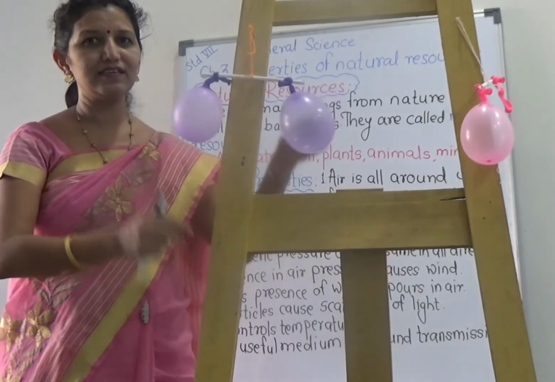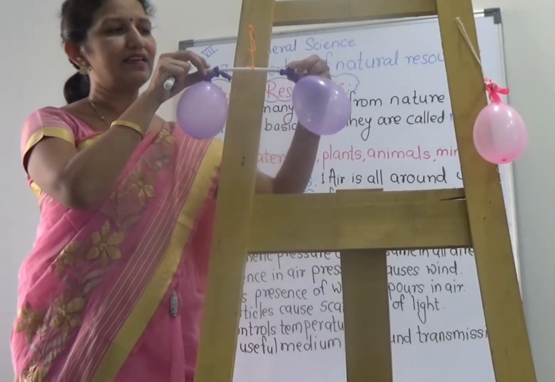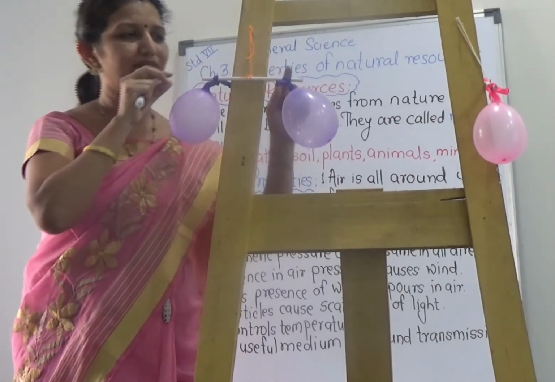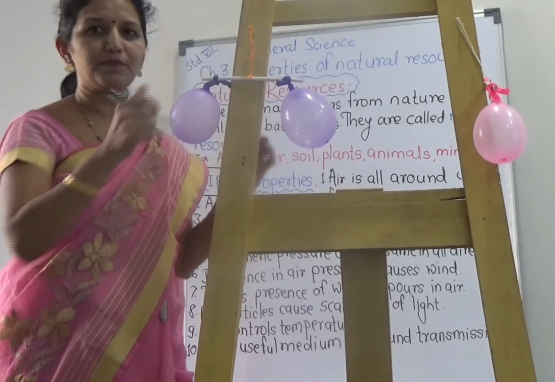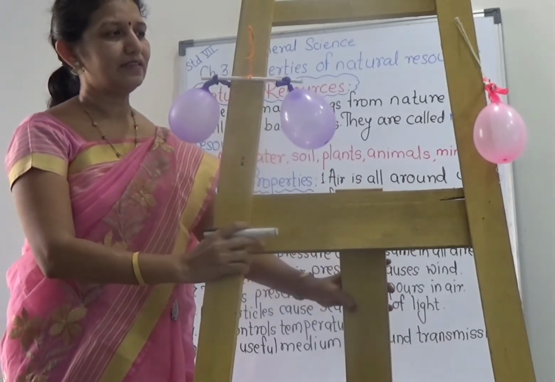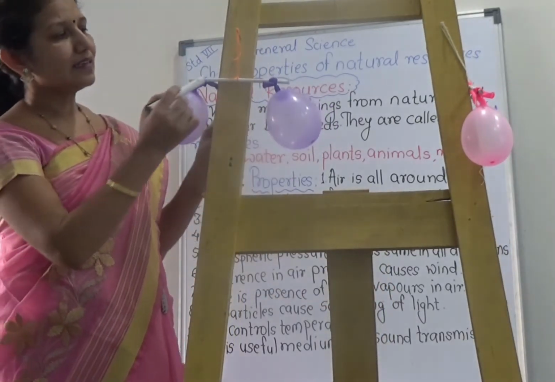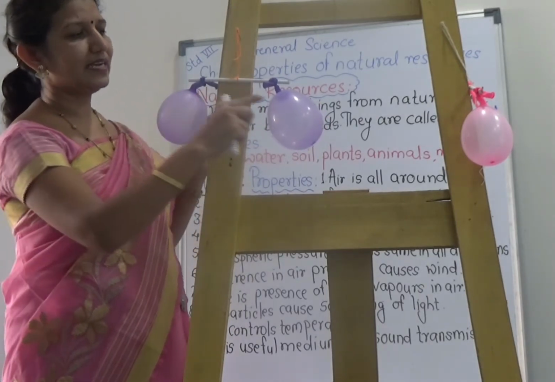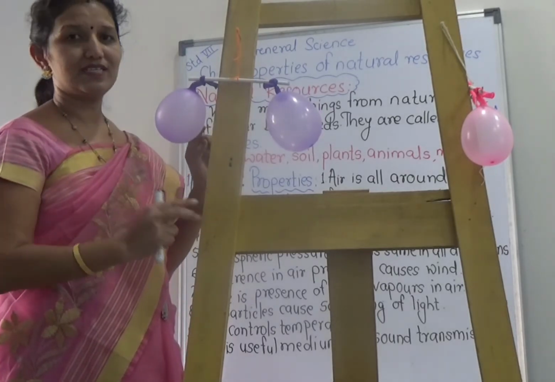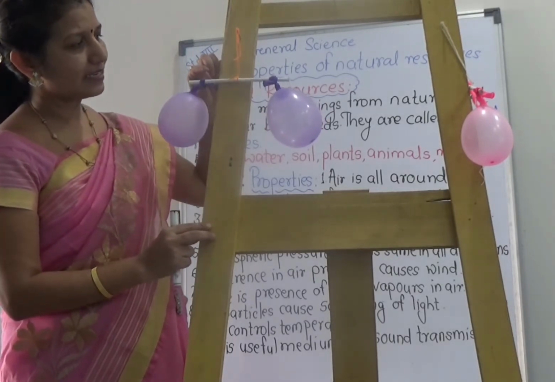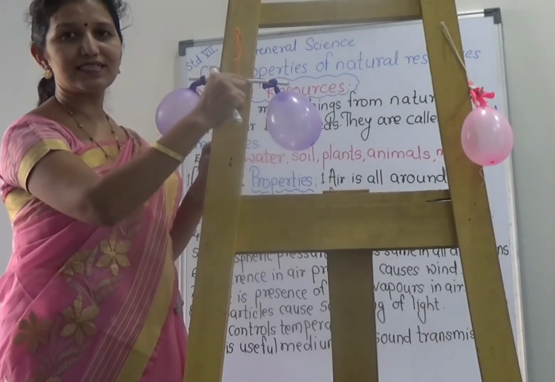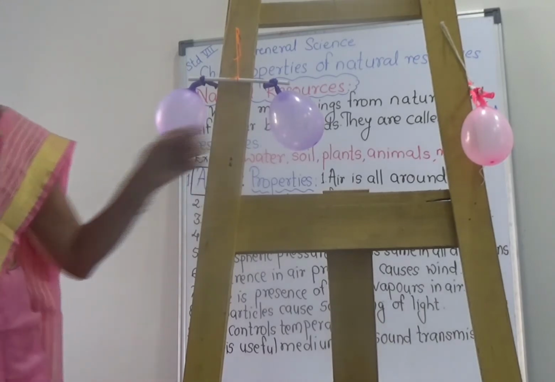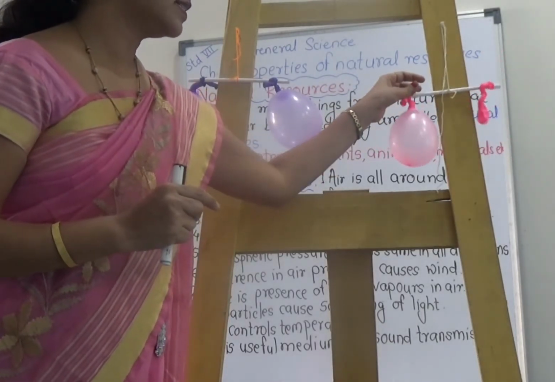What I have done here: I had taken a paper straw, that is light in weight, and to the middle of that paper straw I have tied one thread, and I have inflated two balloons of the same size and tied them to the two ends of this straw. What you can see here, the straw remains horizontal.